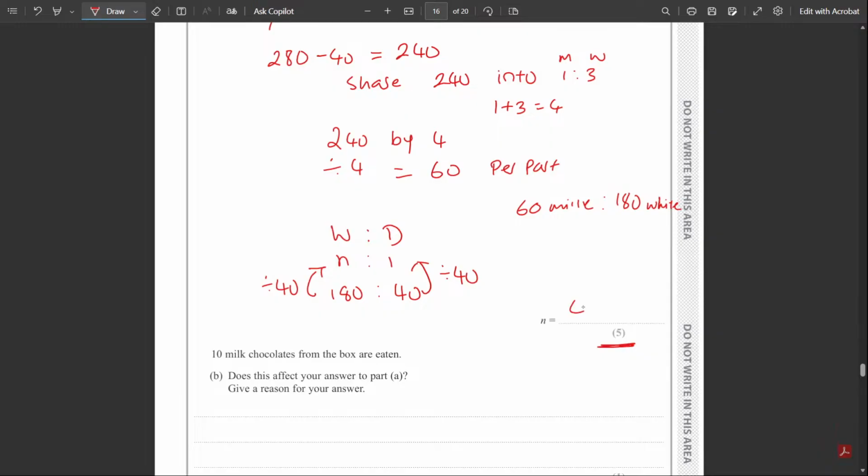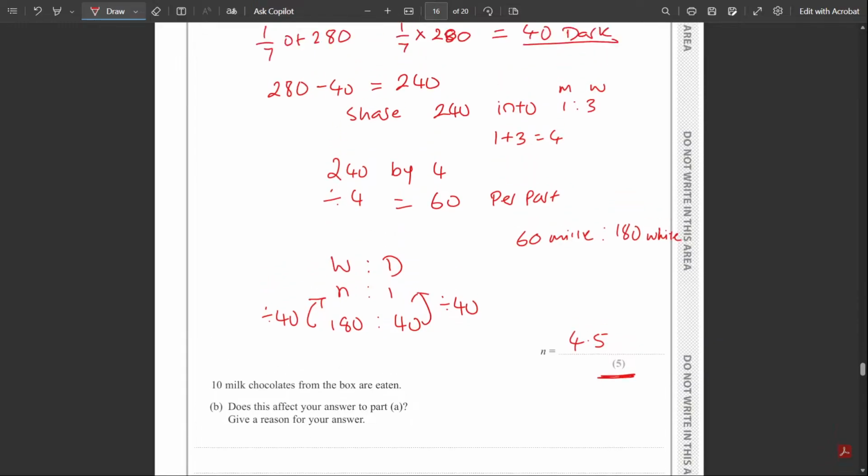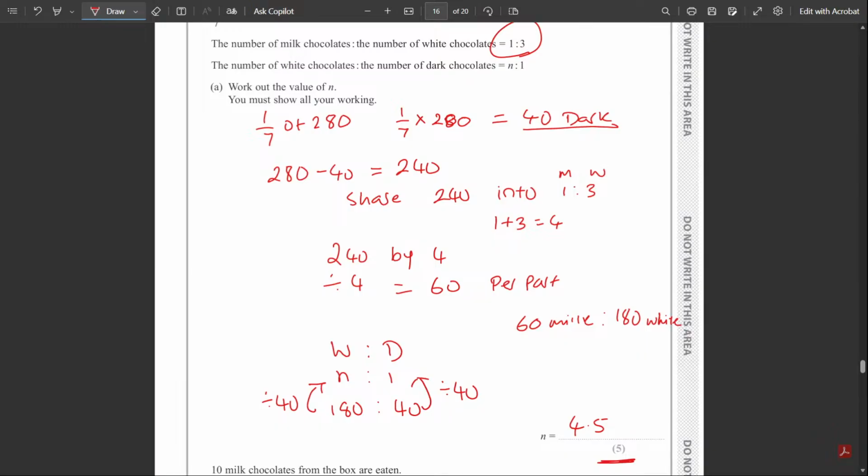N is 4.5. So when you simplify from 40 to 1, you're dividing both sides by 40, and 180 divided by 40 is 4.5. So that's 5 marks. If you get this far, that's the 1 mark there, you would have got the second mark there, that's the third mark, then the fourth mark, you're getting the right number, and the fifth mark, getting the ratio right. That's it.